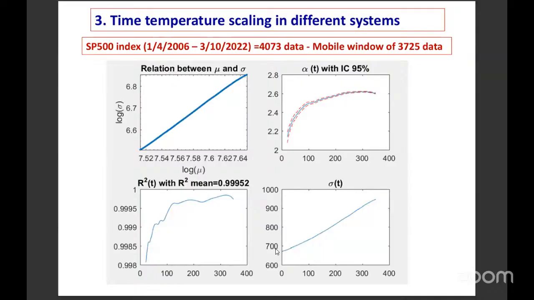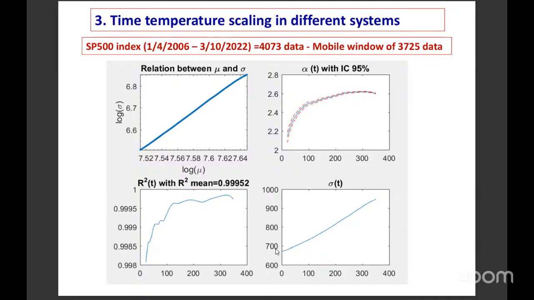For instance, the SP 500 stock index presents the typical time fluctuation scaling, where this is the standard deviation, this is the mean, and in log scale this is the line.